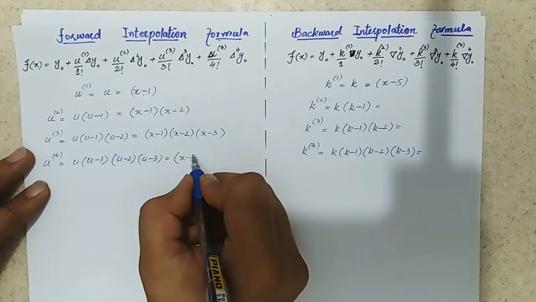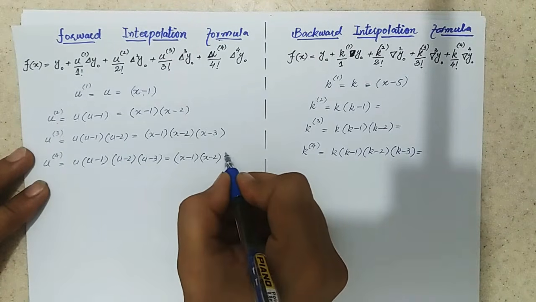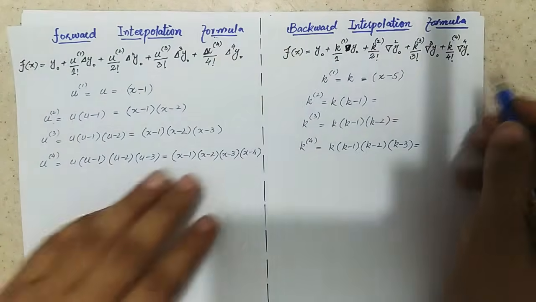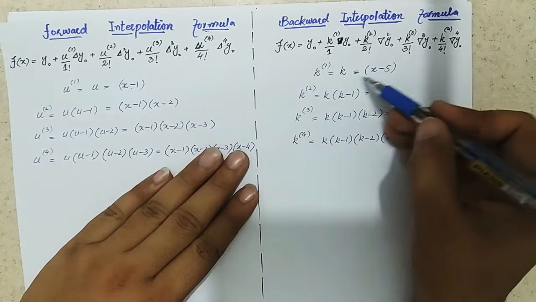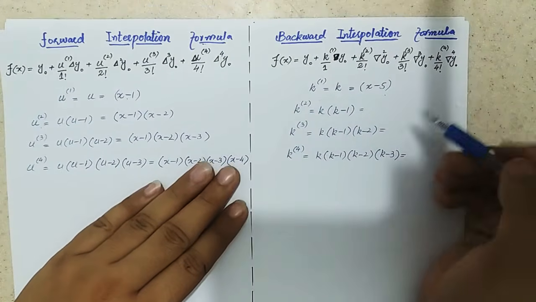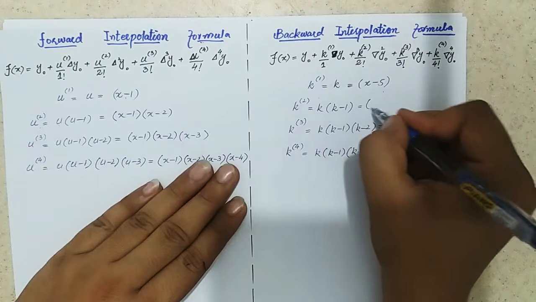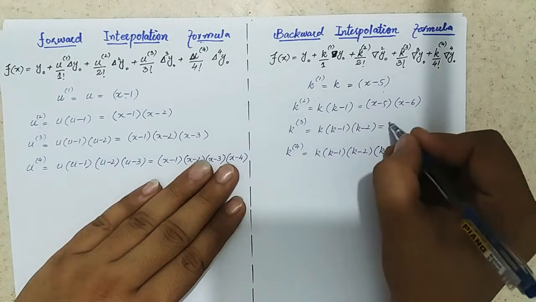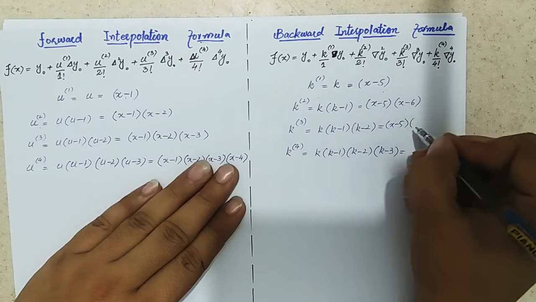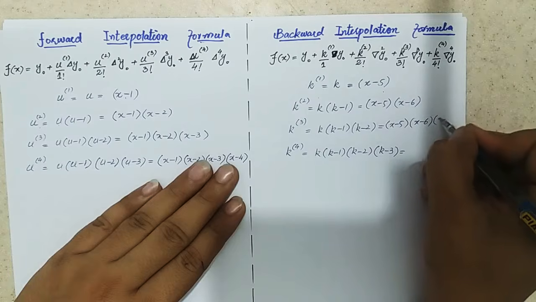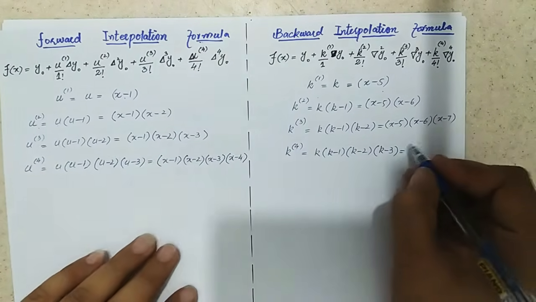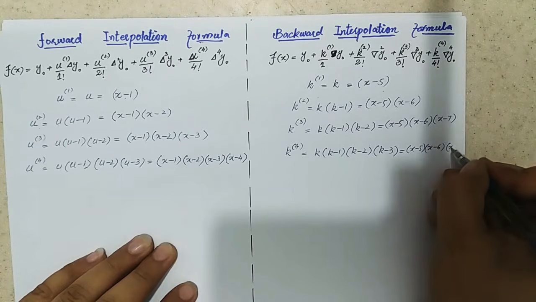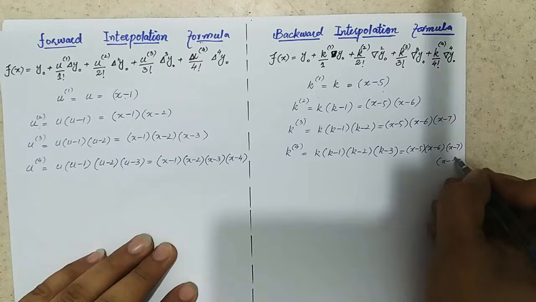And u4 will be x minus 1, x minus 2, x minus 3 and x minus 4. Here k is x minus 5. So k into k plus 1 will be x minus 5, x minus 6. K is x minus 5, k plus 1 is x minus 6 and k plus 2 is x minus 7. And the k4 value is x minus 5, x minus 6, x minus 7 and x minus 8.